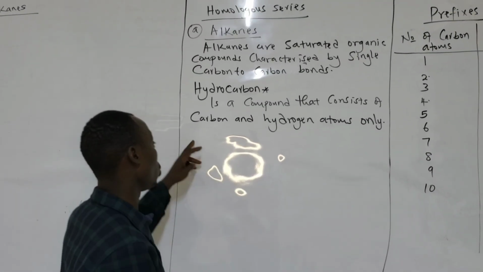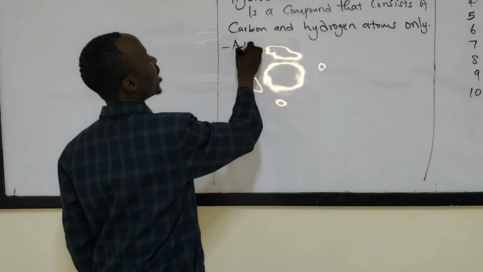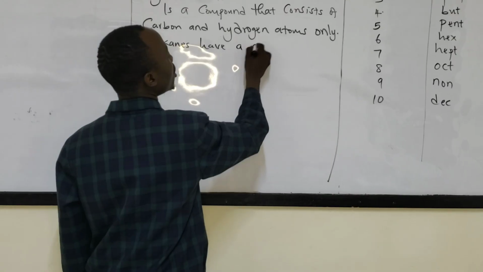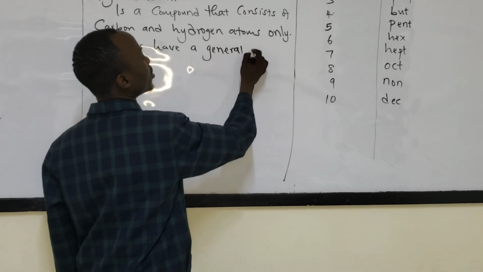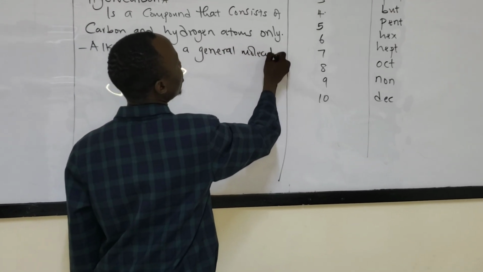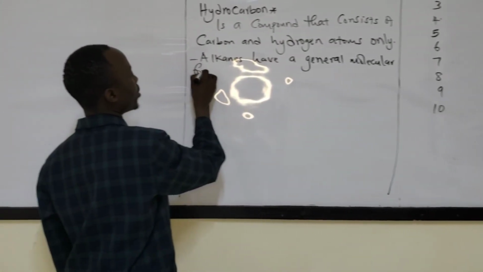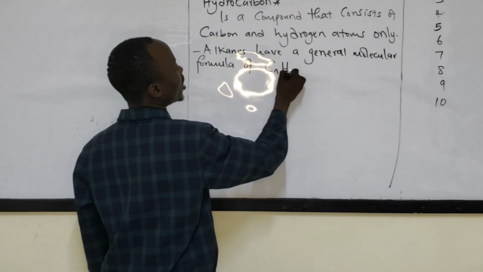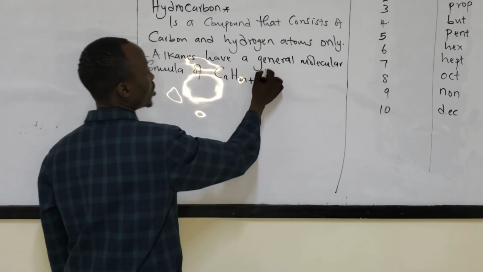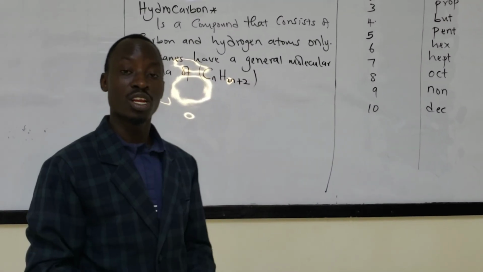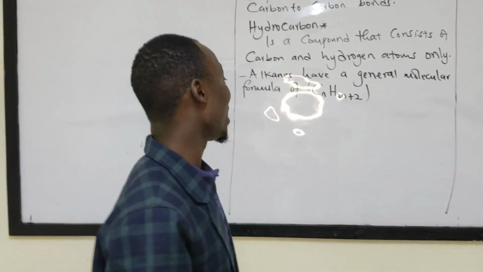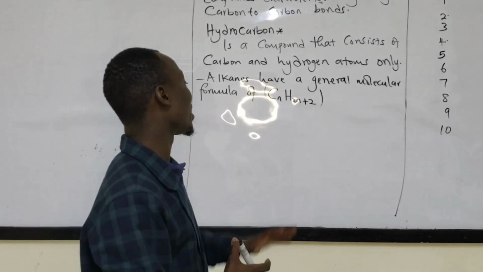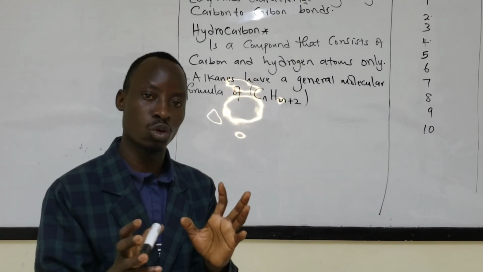Before that, we should know that alkanes have a general molecular formula, CnH2n+2. This is the general molecular formula for alkanes, which guides how to form an alkane compound.